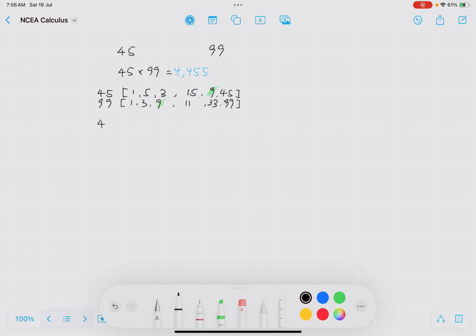So instead of seeing 45 as 45, now we're going to see it as 9 times 5, and 99 is 9 times 11. To find the least common multiple, we'll now leave our greatest common factor alone, which is 9, times 5 times 11, just multiply the remaining parts, and that is our least common multiple, 495.